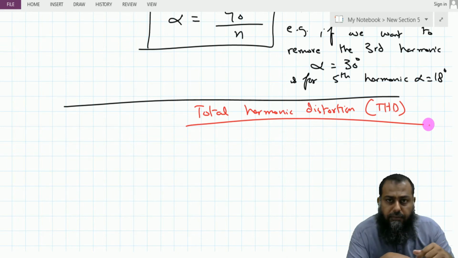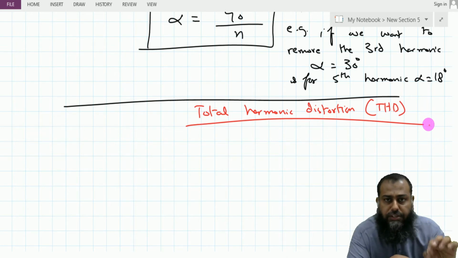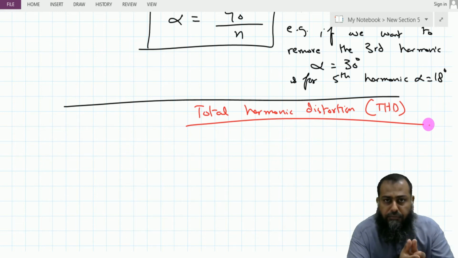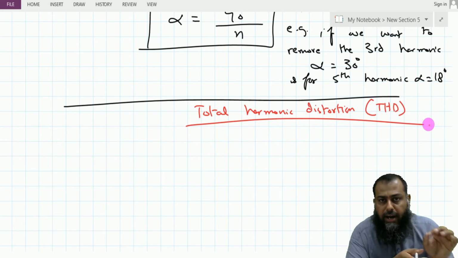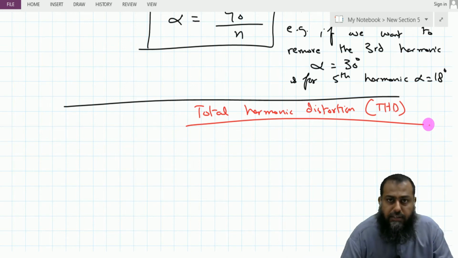For the previous inverter we got a square wave, and here we have obtained a quasi square wave, both of which are not actually sinusoidal waveforms. So how can we quantify how close a given inverter is to an ideal sinusoidal waveform? The total harmonic distortion provides a method to quantify this mathematically.